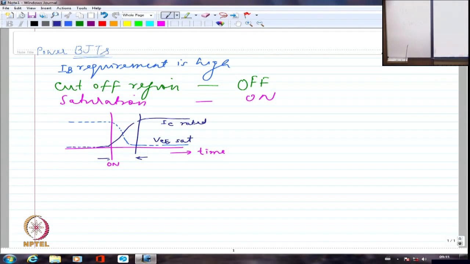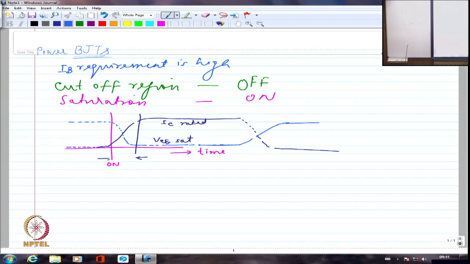In the same way, for turning off, the current has to essentially come from this value again to zero. Similarly, the voltage slowly has to go from this minimum value like this to again whatever the normal applied voltage is between collector and emitter.